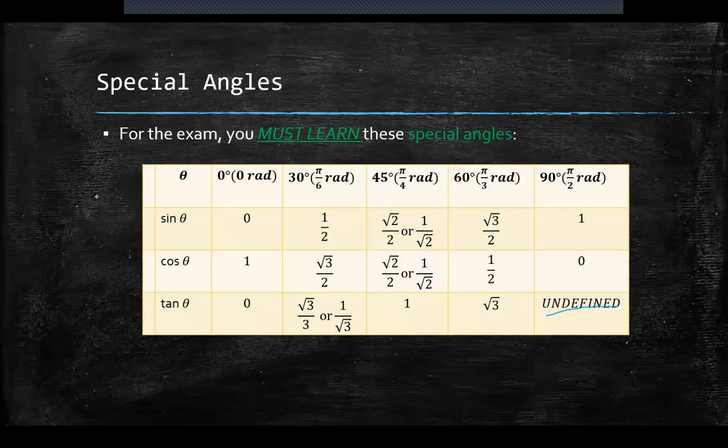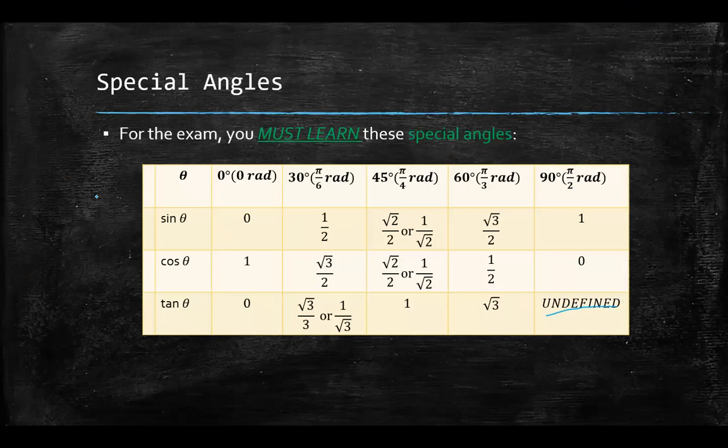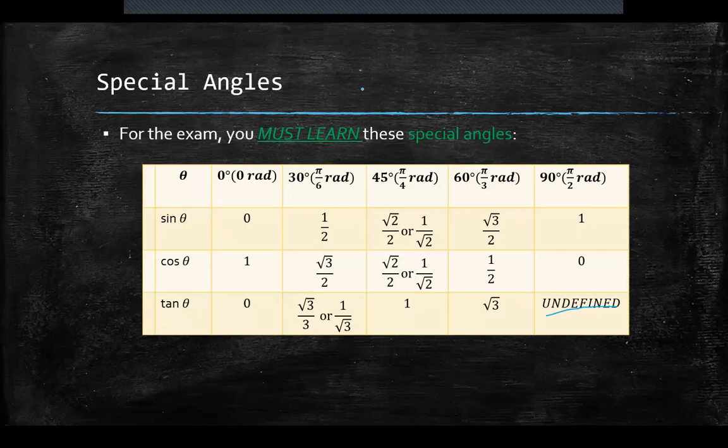Undefined. Okay. If you put tan of 90 in your calculator right now, I suggest that you do it so you see it yourself. Because like I said, don't just accept what I tell you. Make sure it's true, right? Question it. Find out.